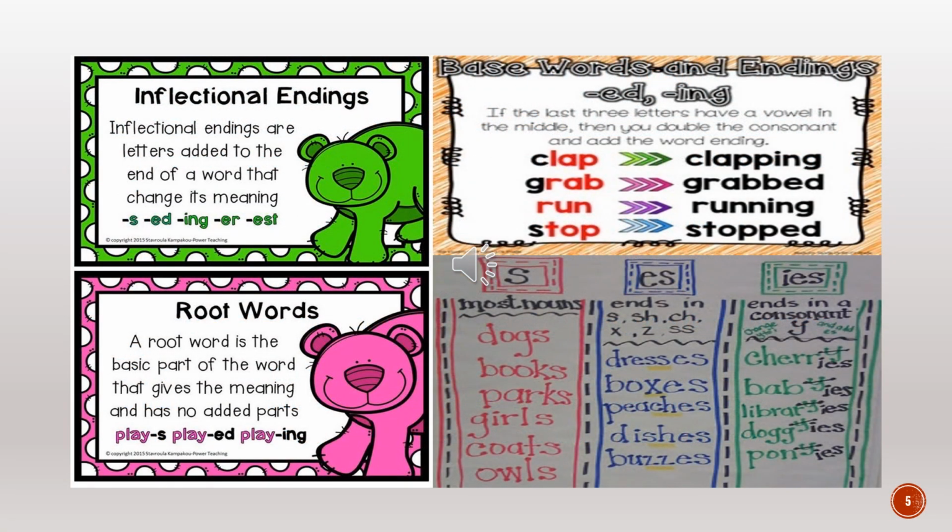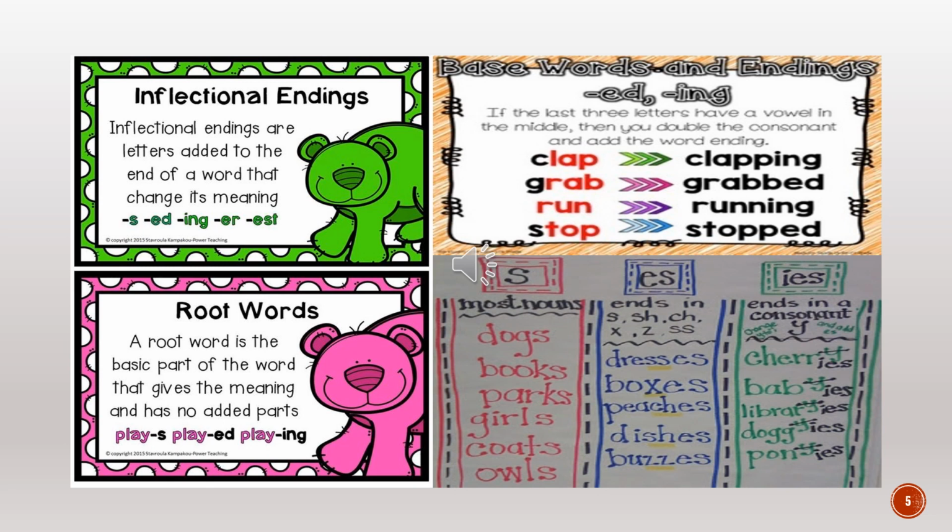On page number 5, you are going to have a general review of the two lessons that we just finished. The first one is inflectional endings. Remember, inflectional endings are letters added to the end of a word that change its meaning. The inflectional endings that we learned were S, ED, ING, ER, EST.